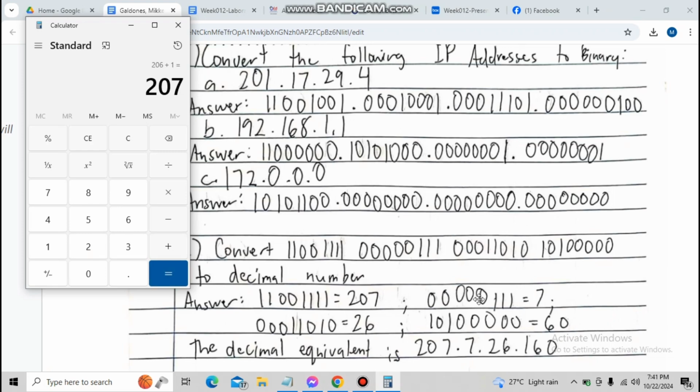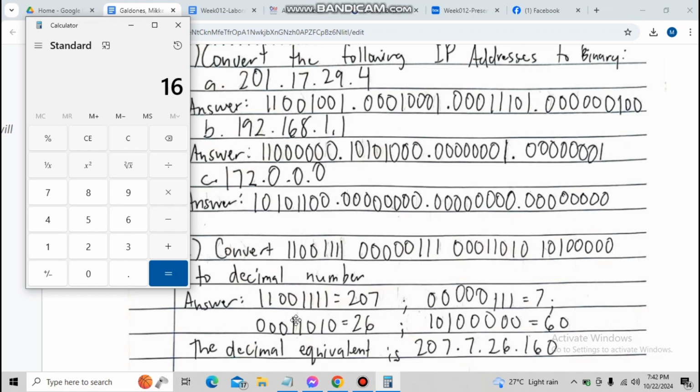For our second part, which is the 3 ones, we don't need to calculate this. 1 plus 2 plus 4 is obviously equal to 7. For our third part, which is 26, what is marked as 1 on the binary code are 16, 8, and 2.